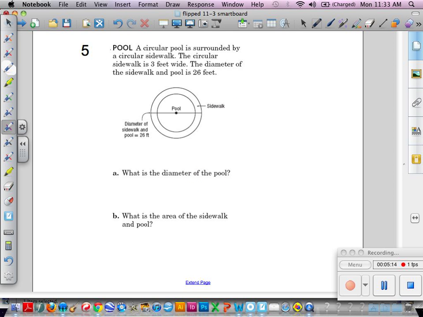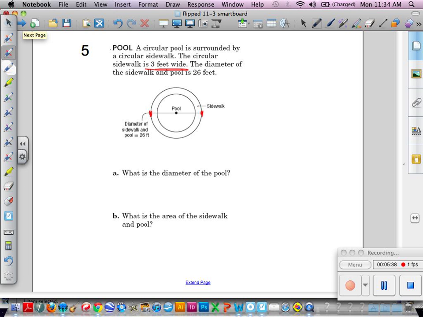All right, let's look at example number 5. You've got a circular pool that's surrounded by a circular sidewalk. So I already have a picture drawn of that pool, and then I have the sidewalk going around it, and the sidewalk is 3 feet wide. The diameter of the sidewalk and the pool, so all the way across, is 26.